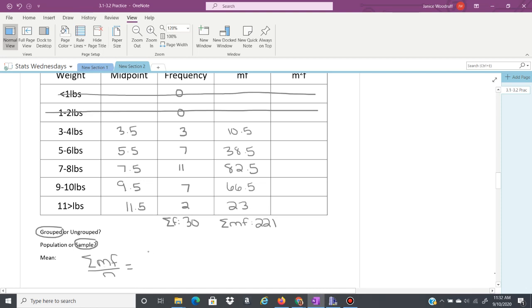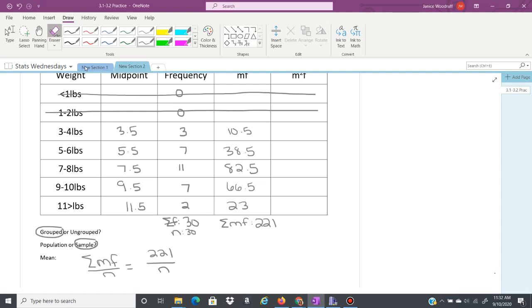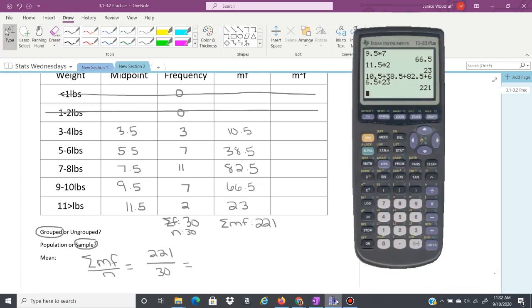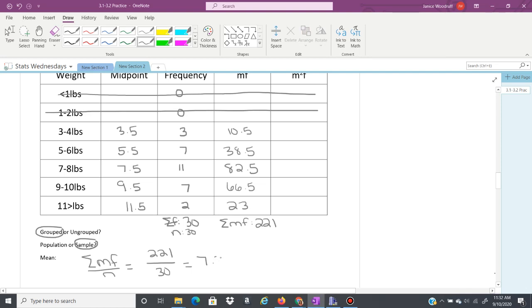All right, so the sum of mf is 221 divided by n, which is the sum of f here. So 221 divided by 30, 7.367. Okay, so the average weight of a baby is 7.367. I think that's pretty average.